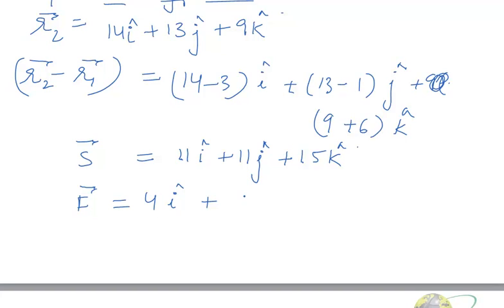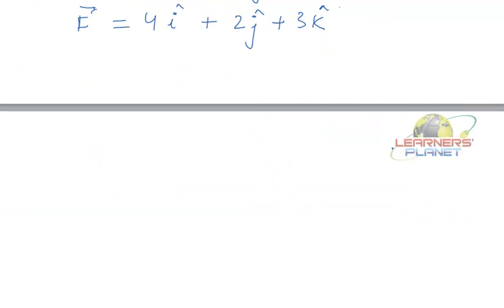and the force vector is given as 4i cap + 2j cap + 3k cap. Now we have to find out the work done.